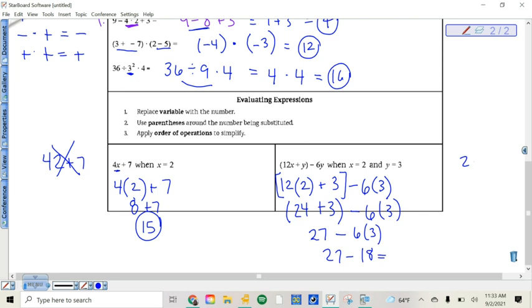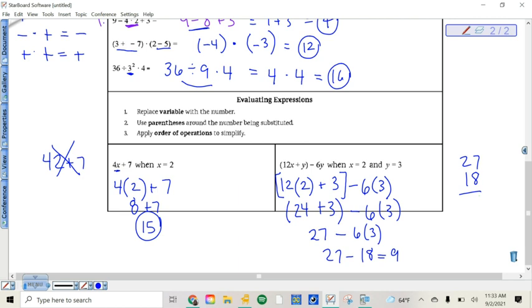27 minus 18? 9. So I always think about it this way: if it was 28 minus 18, what would it be? 30 minus 18 is 12, so 28 minus 18 is 10, because 8 minus 8 is 0 and 2 minus 1 is 1.